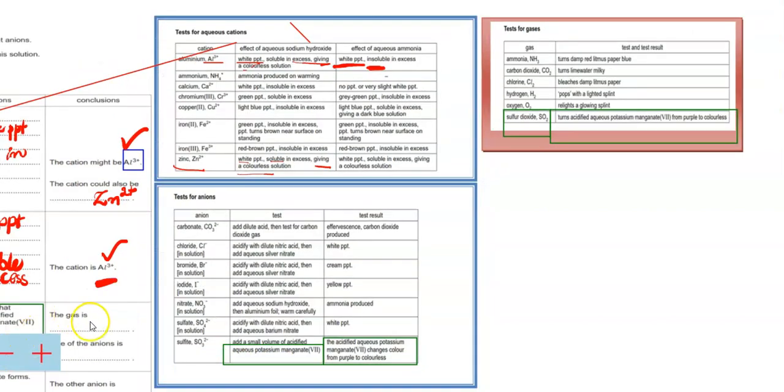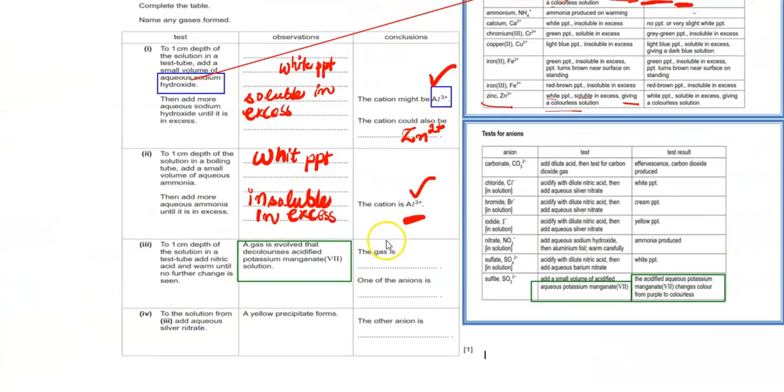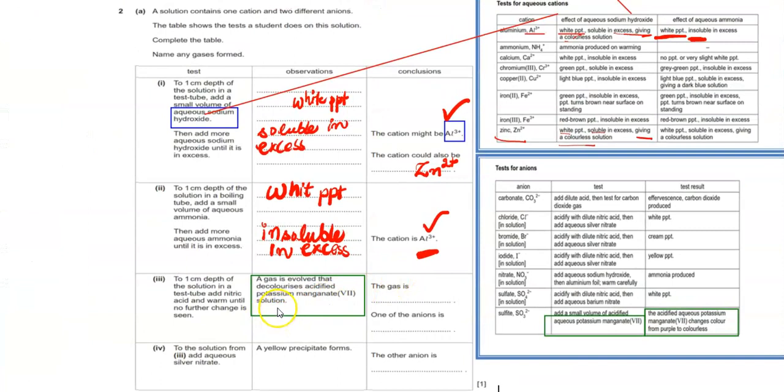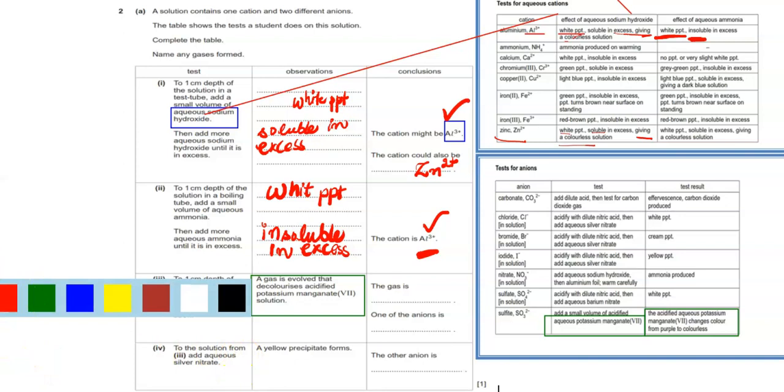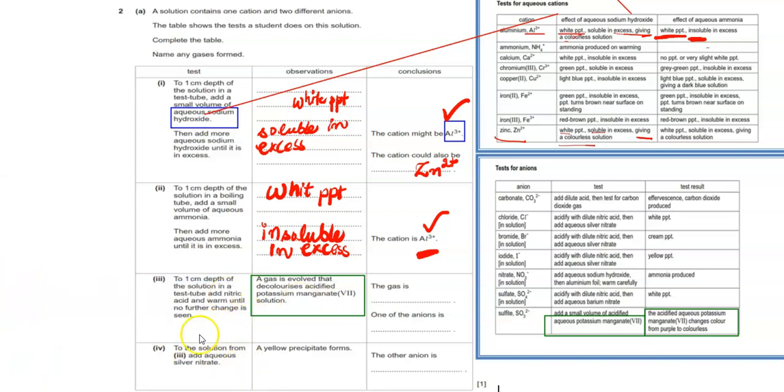So we identify by simply checking the reagent and checking the test. Both are given in the keys, right? So in our keys, when we are finding what they are talking about, they are talking about we heat it with nitric acid and it affects potassium manganate.